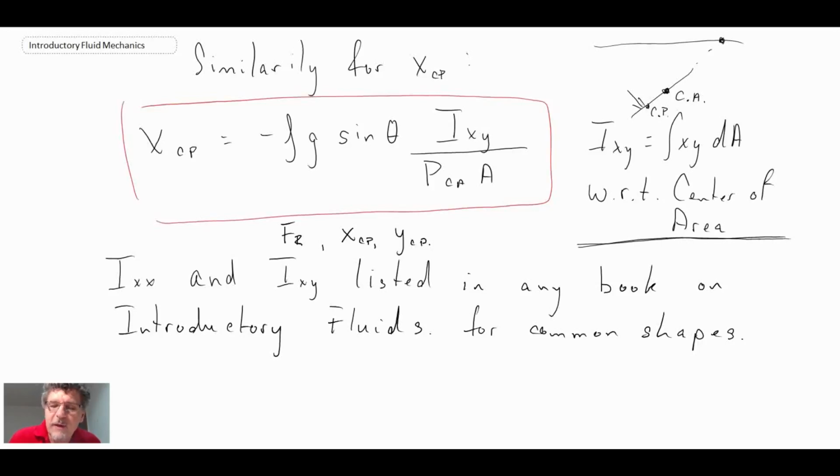And it turns out the way these equations are formulated, you'll notice we have pressure in the denominator here. The further you go down below the surface, what will happen is the center of pressure and the center of area start to move together. The center of pressure moves towards the center of area, and they become almost the same. But anyways, that gives you some equations that you can do calculations with. In the next segment, we'll take a look at an example problem of applying these equations.